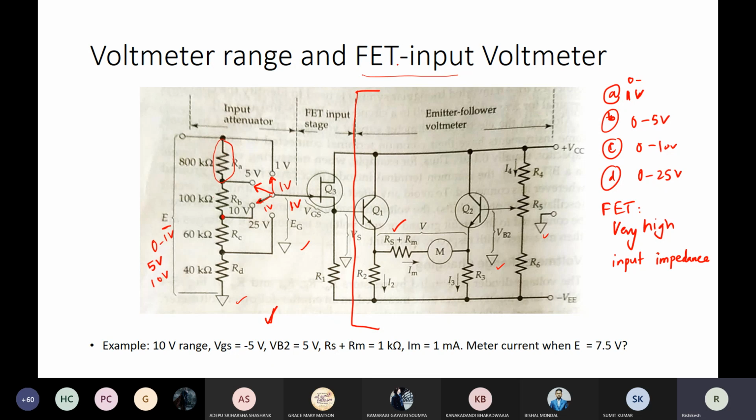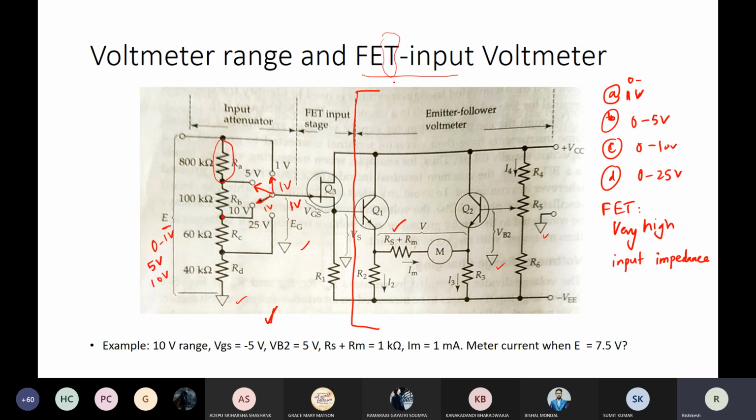It is the physical construction of this that is different, but it is basically a field effect transistor. It is a transistor only, but it is a voltage driven device, whereas the transistors are current driven devices. So probably in your basic electronics course or other course, you will definitely cover this part.